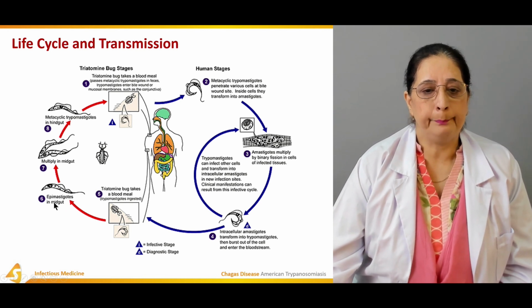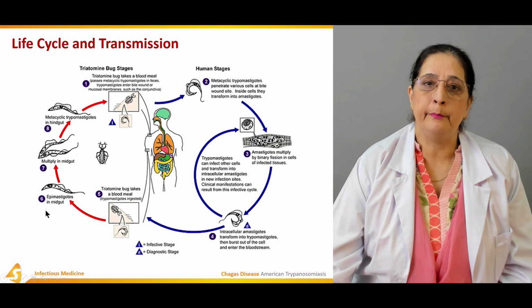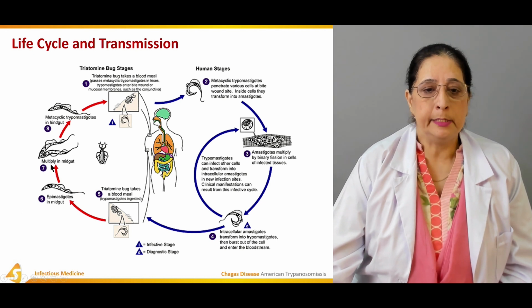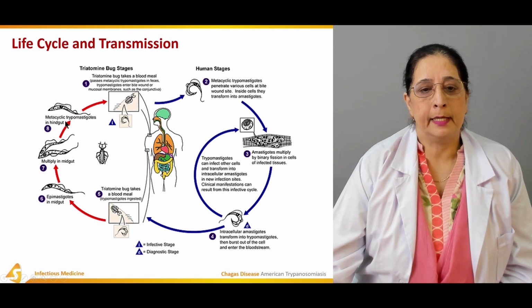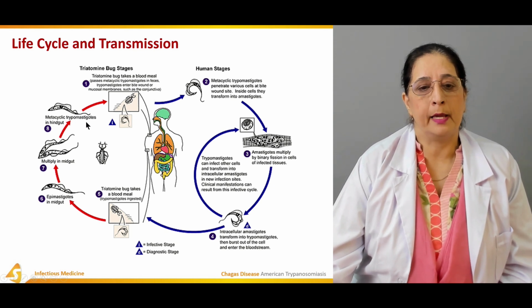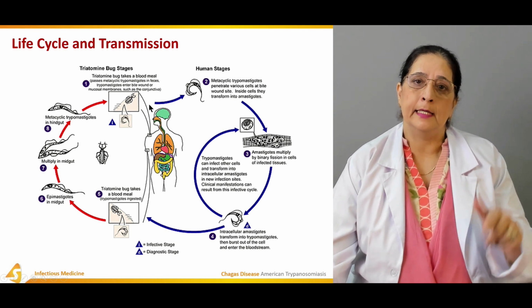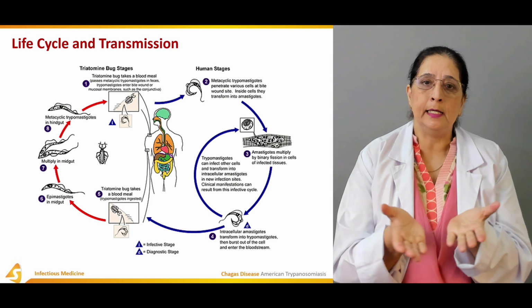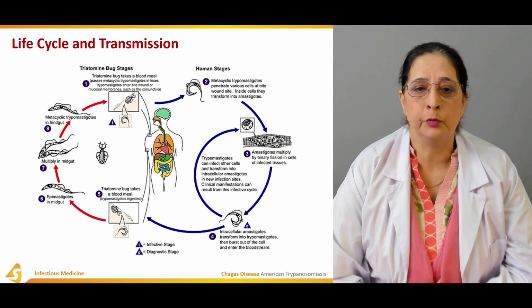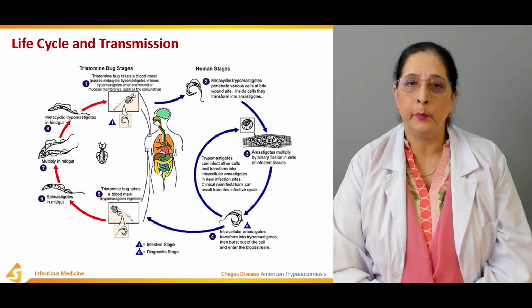Again they have epimastigotes in the midgut form, multiply in the midgut, and then again metacyclic trypomastigote form, and the cycle is repeated. So it's the cycle between the triatomine bug and the humans.